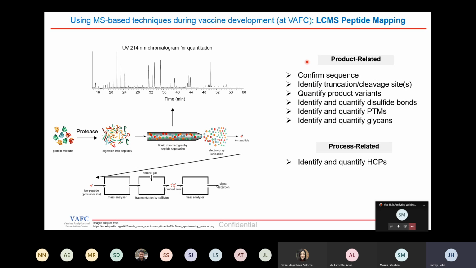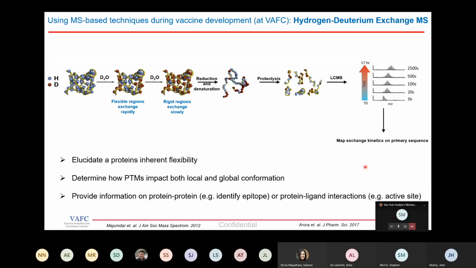And in terms of process versus product related information, here this is much more quantitative. You can identify products, quantify various post-translational modifications, glycations, etc. And even if you're looking at crude material, you can quantify and identify host cell proteins.